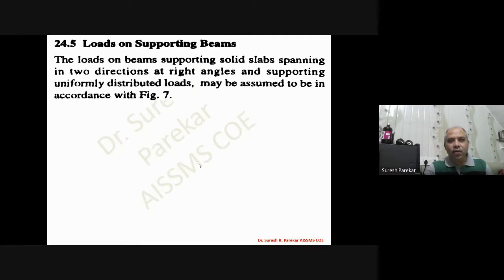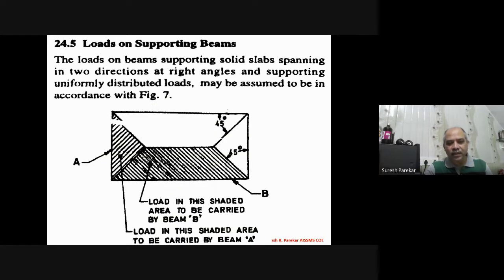Now when we go to two-way slab, we have one clause in IS 456 which is 24.5, loads on supporting beams. The loads on beams supporting solid slab spanning in two directions at right angles and supporting UDL may be assumed to be in accordance with figure 7, and we have given this figure 7.